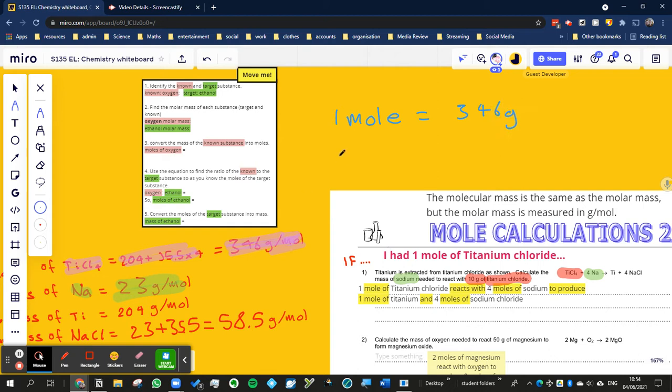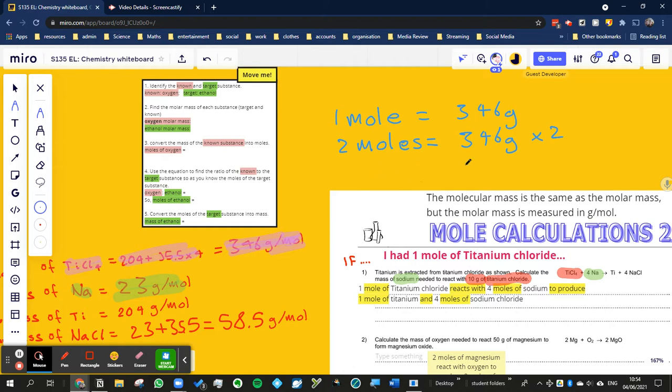Okay, and we could therefore imagine how much 2 moles would be, right? If 1 mole is 346 grams, 2 moles would clearly be 346 grams times 2, right? That makes sense, doesn't it? So from this basic understanding, we can now work out what the formula is.